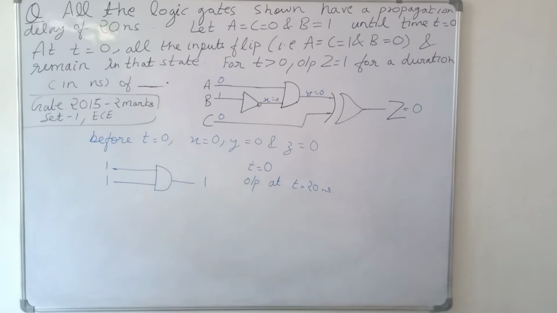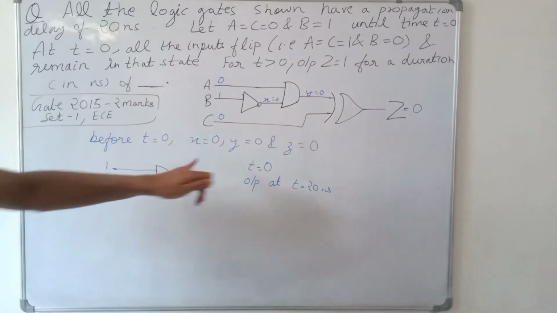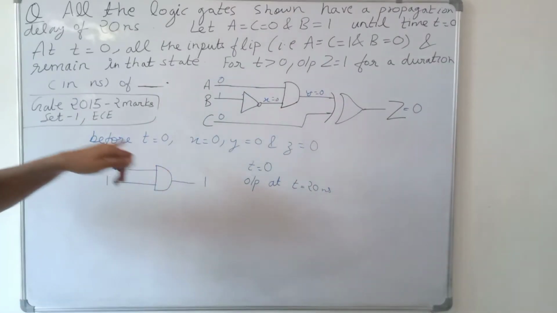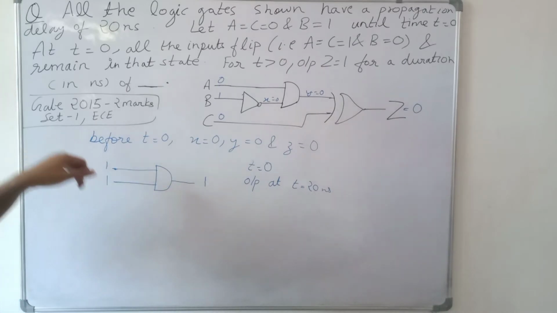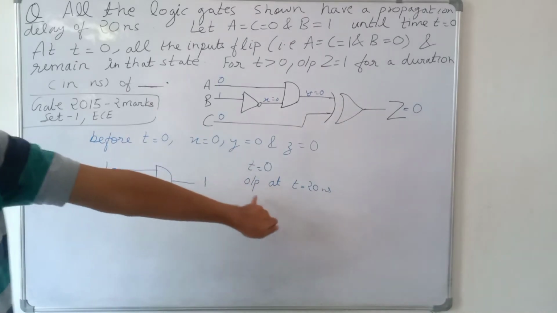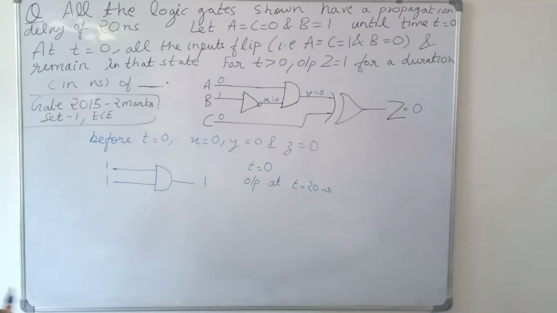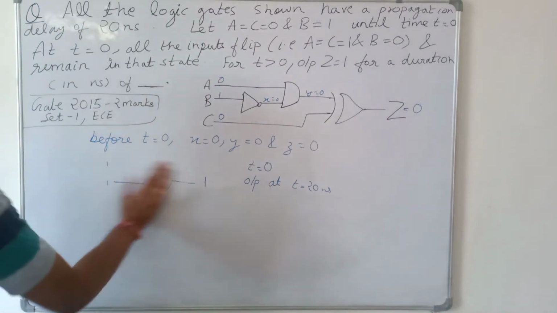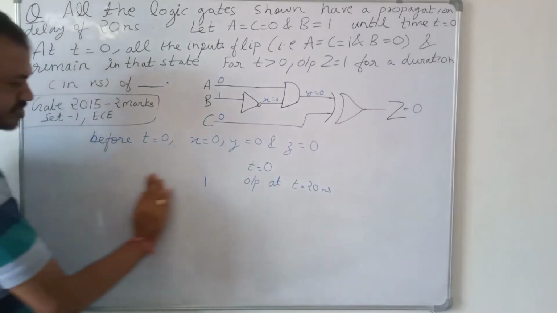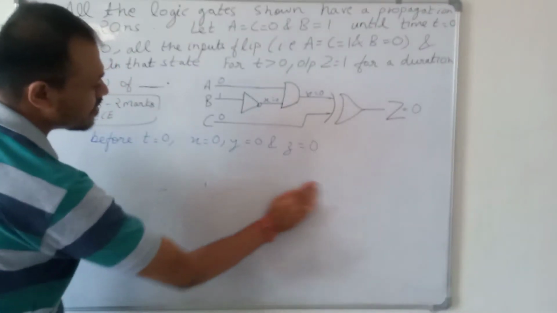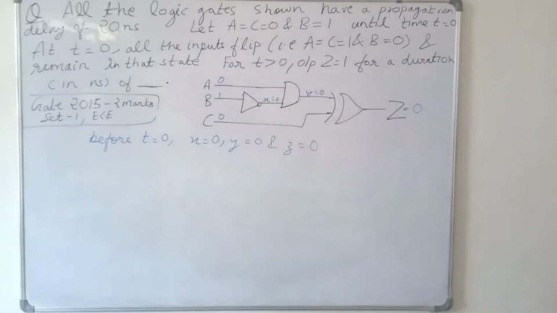So for an ideal gate we get the output at t equal to 0, but for a gate with a propagation delay of 20 nanoseconds, we get the output after 20 nanoseconds. This is the concept of propagation delay: we get the output after the delay time.